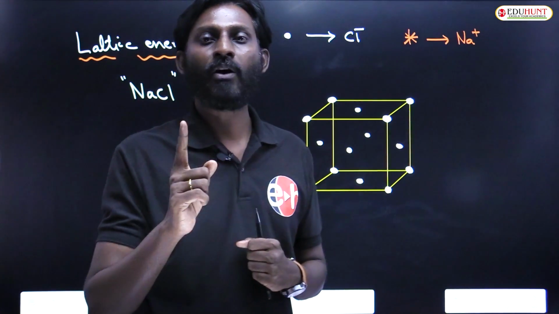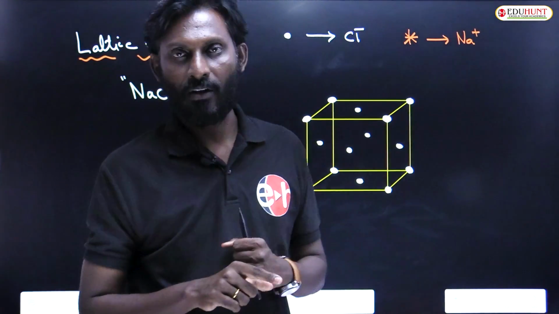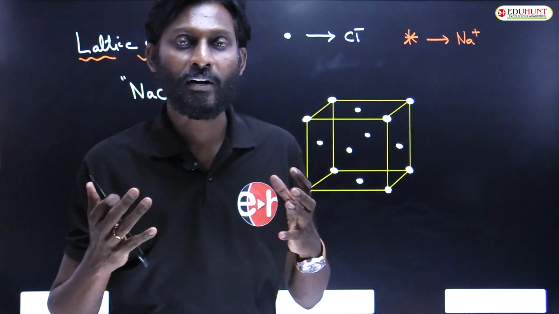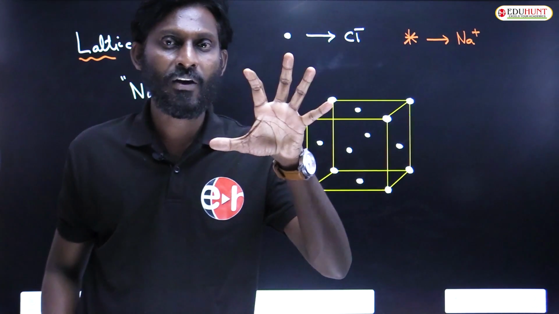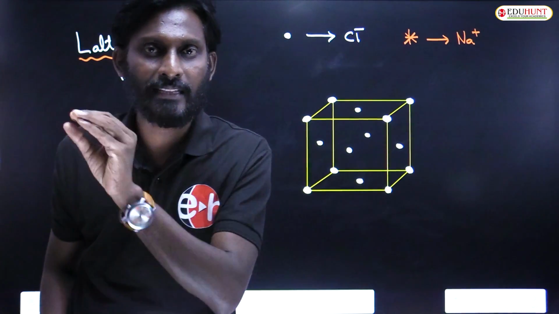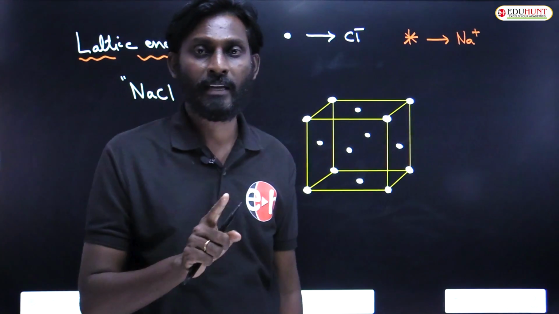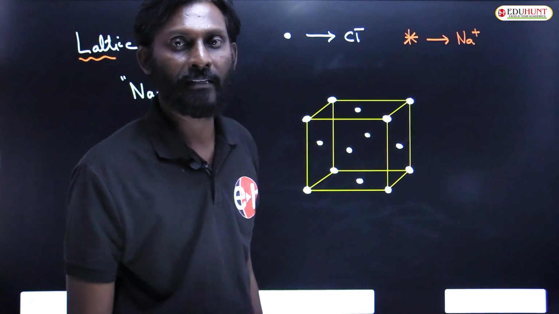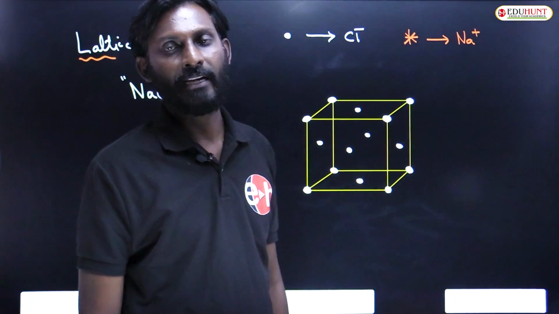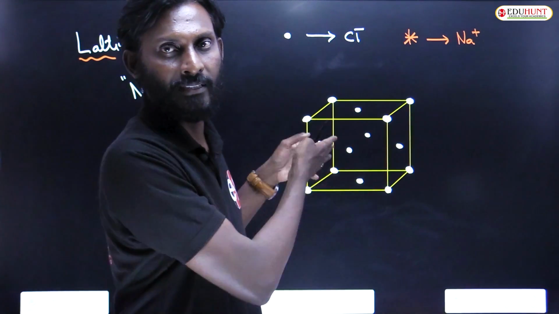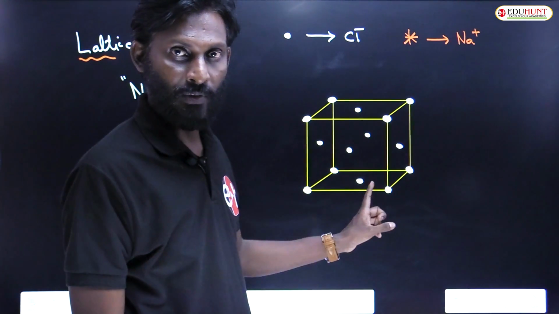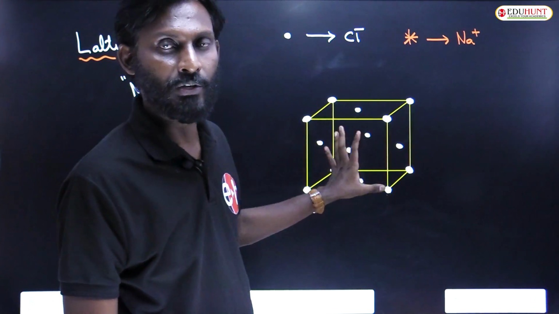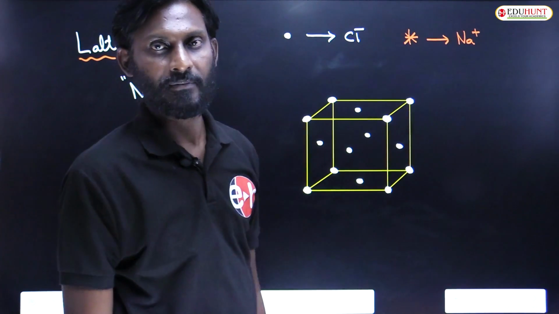Because cation is formed by losing electron, anion is formed by gaining electron. Because of that, the size of anion will always be greater than the size of cation. That's why important major positions are occupied by anion and the gaps are occupied by cation. I'll help you now where the gaps are located. So that's why important positions, that means 8 corners and face centers, are occupied by anion only.